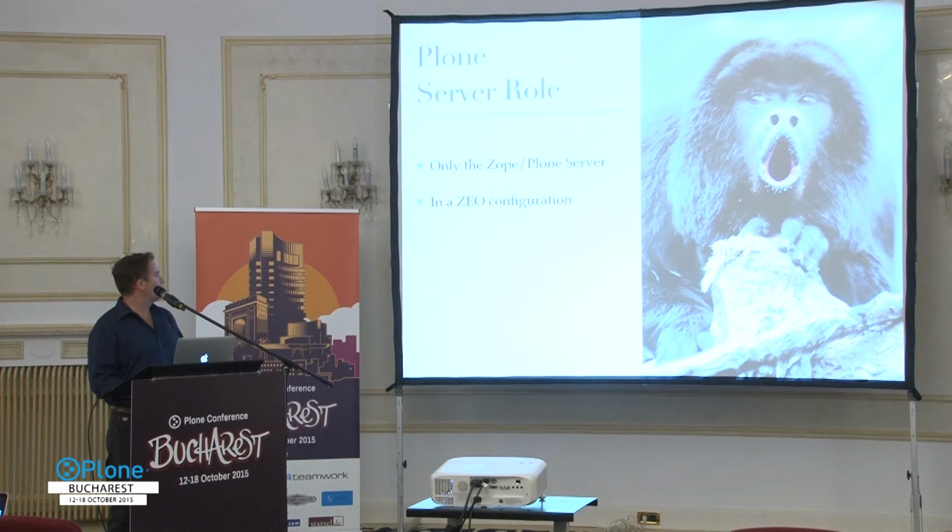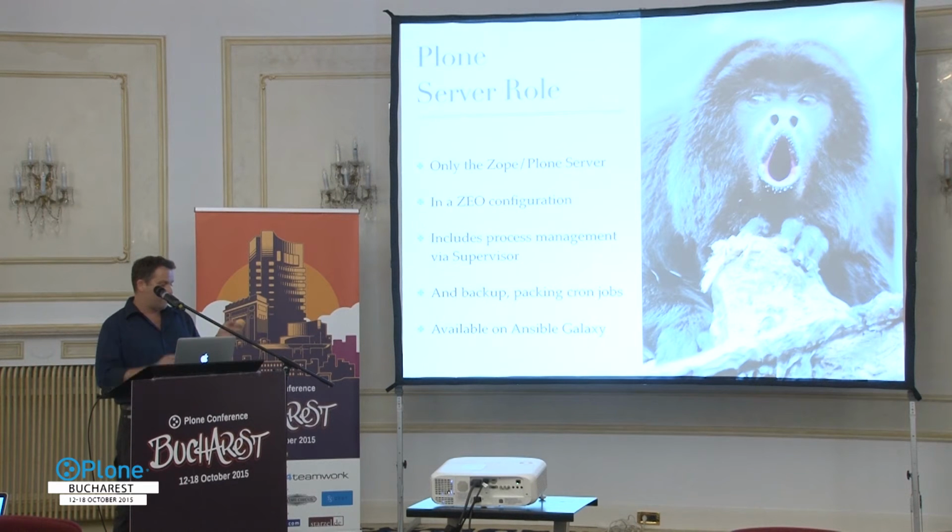It installs it in a ZEO configuration. It includes supervisor to manage processes, and it adds backup and packing cron jobs. And this one is downloaded from Ansible Galaxy. So that's Ansible's PyPI.